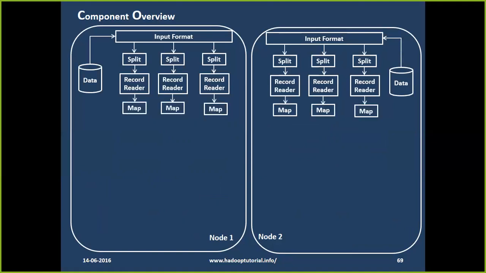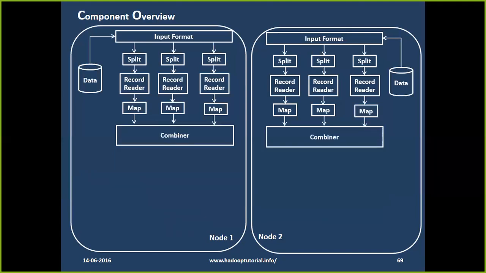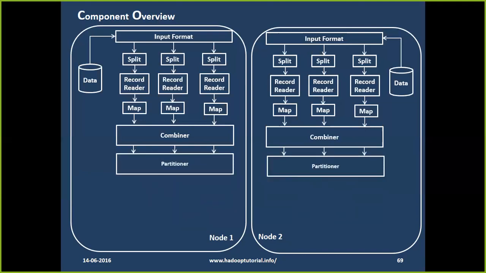If you enable a combiner, it will run, otherwise it goes directly to the partitioner. Then the partitioner, and after that shuffle takes place, and after shuffle sort takes place.